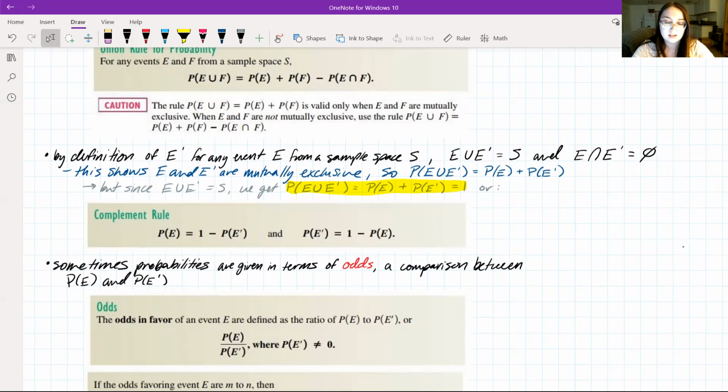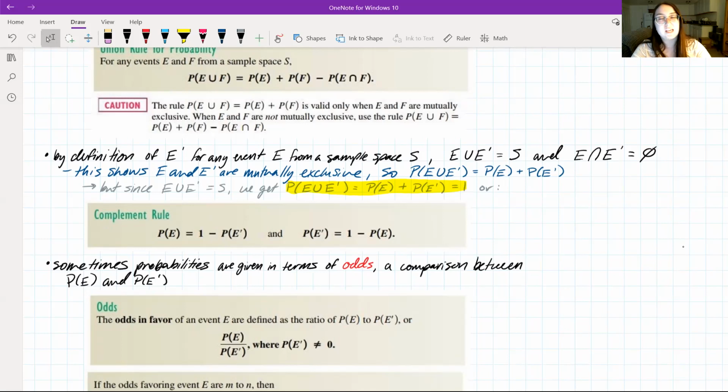This shows that E and E prime are mutually exclusive. So the probability of E union E prime is equal to the probability of E plus the probability of E prime. But since we know that E union E prime is equal to S, we get that the probability of E union E prime is equal to the probability of E plus the probability of E prime, and that's all going to be equal to 1.